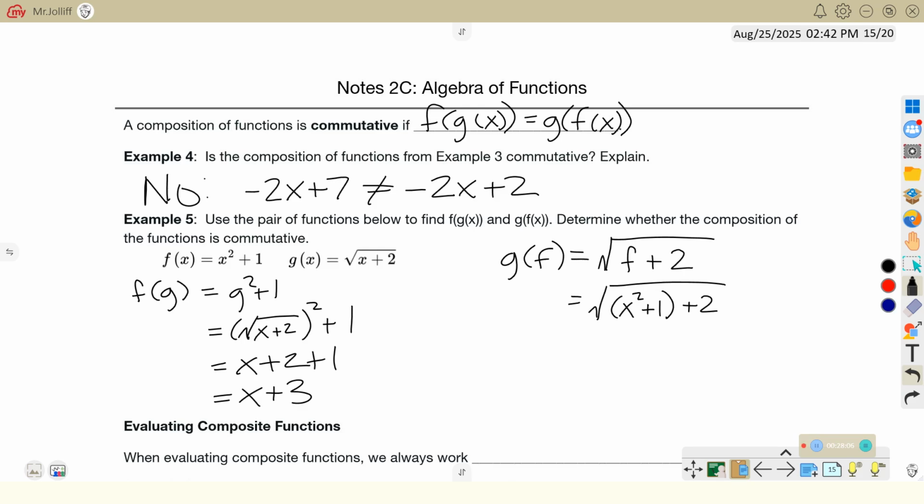How can I simplify? If I were multiplying, yes. This is addition instead of multiplication. If I remove the parentheses, that might help. So that goes away because I don't really need them for addition. Like terms, yeah. There's a 1 and a 2 there. So square root of x squared plus 3.